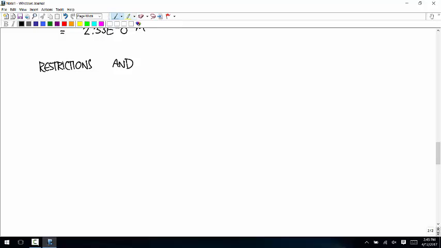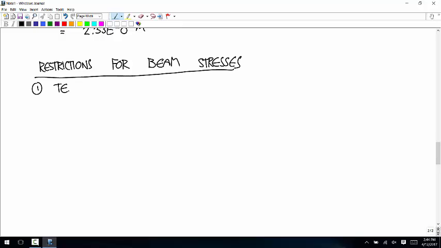Restrictions for beam stresses. Tension, there's none. Bending moment, that's right.